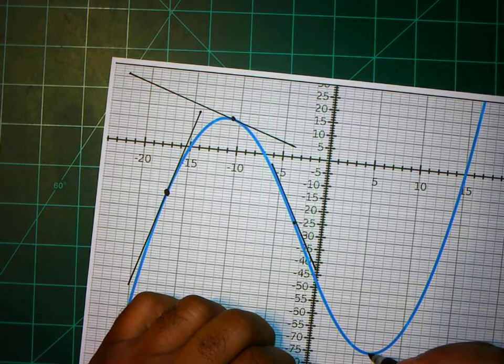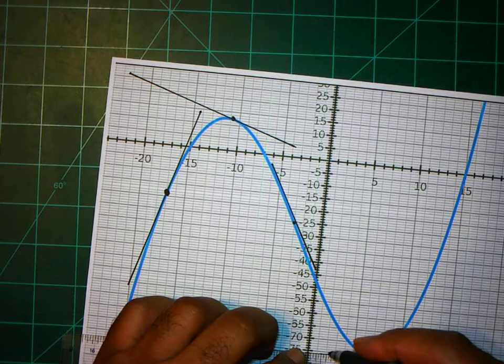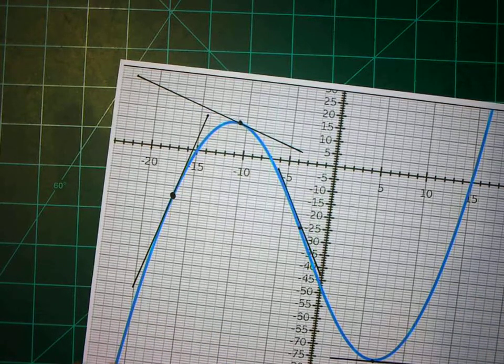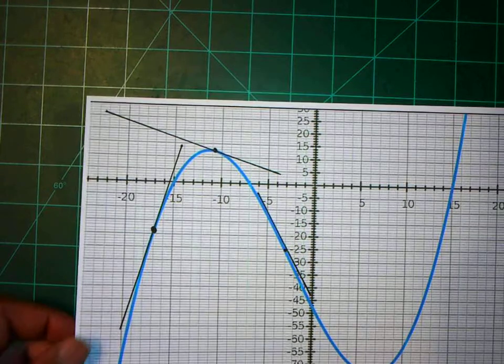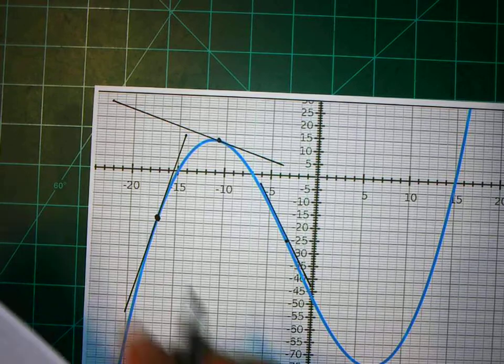Down here, the tangent line might do that. So you can see that the tangent line never ever crosses or intersects that curve except for that one point there. Now it does not go across it though.